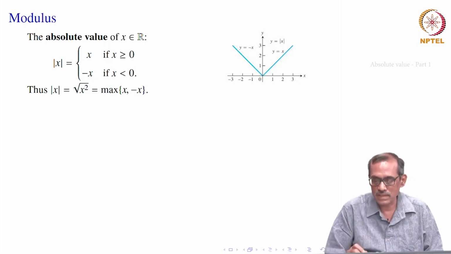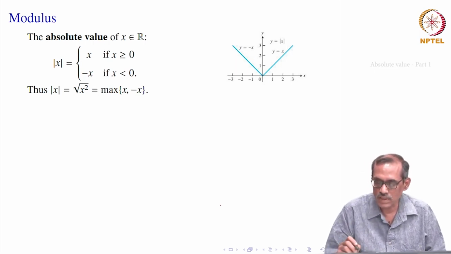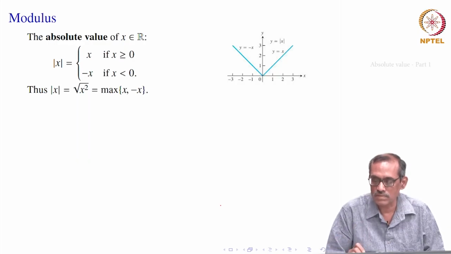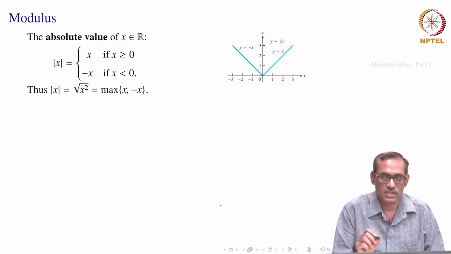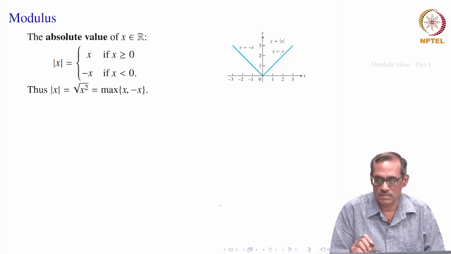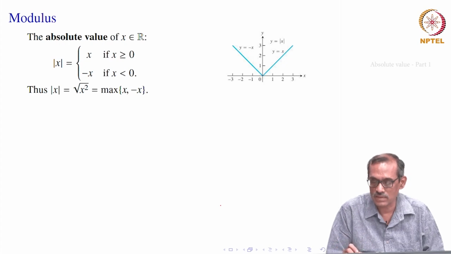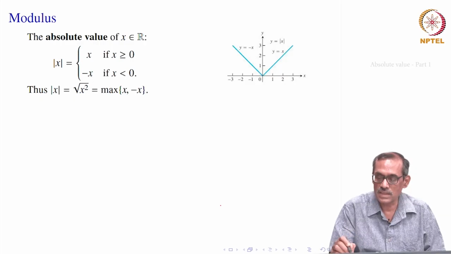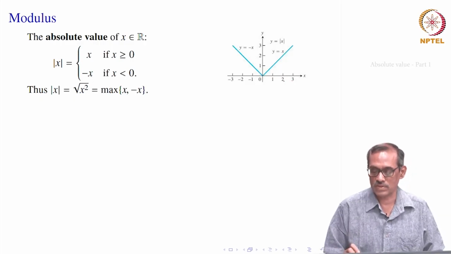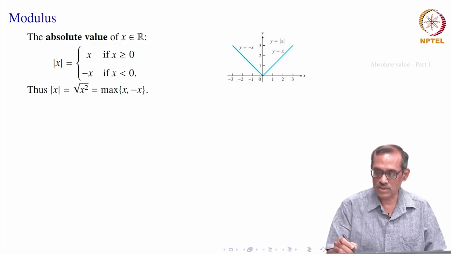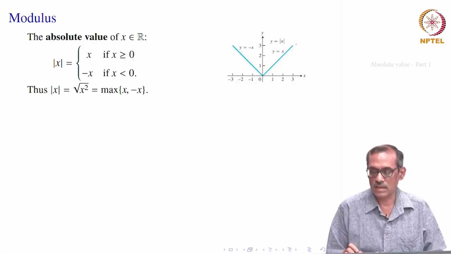We can really graph it. Suppose we take x positive, then mod x will also be positive, and on the y axis we write mod x, on the x axis we write x. Then when x is positive, y equal to mod x will be equal to x. That is why you get the straight line on the right side.